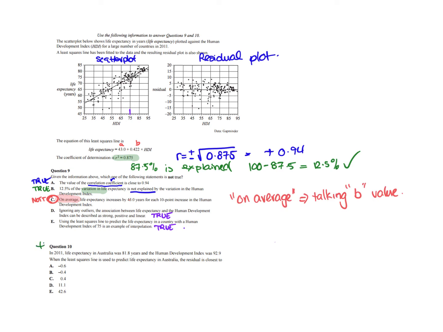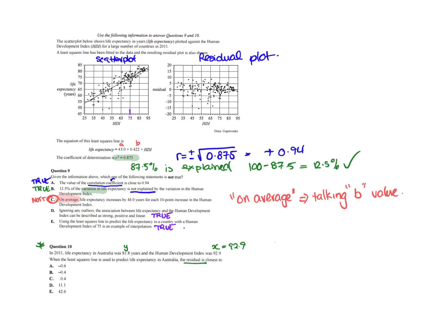So this question 10, in 2011, life expectancy in Australia was 81.8 years and the human development index was 92.9. So they just gave me a Y when X equaled 92.9. Now, they said when the least squares line is used to predict life expectancy, the residual is.